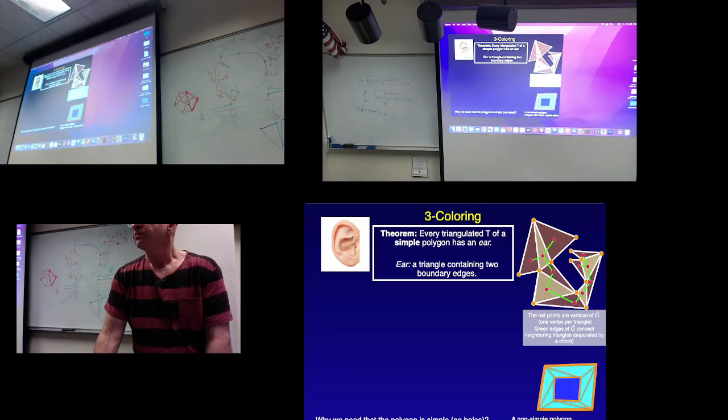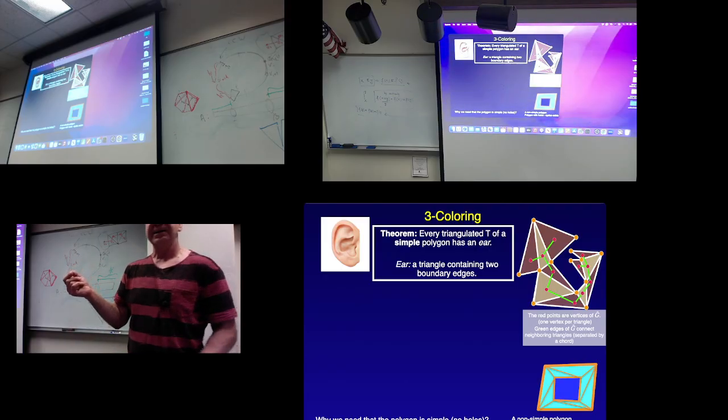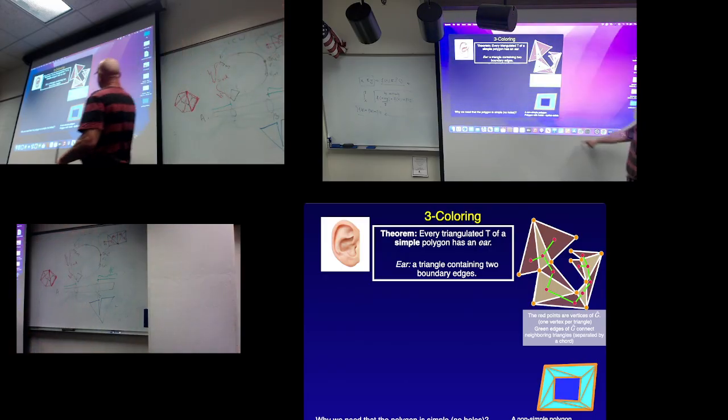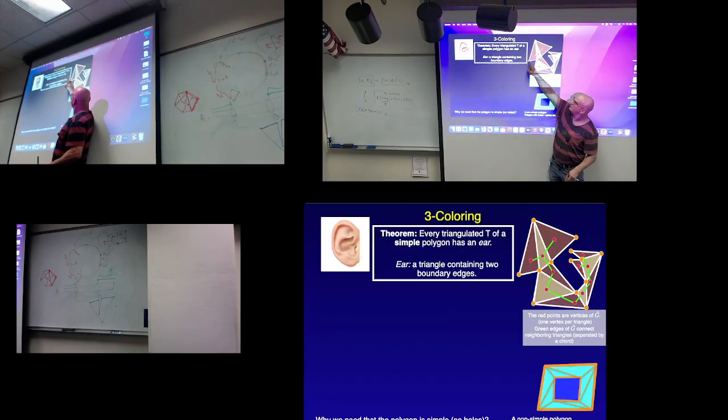Okay, so in our theorem we always have an ear. There is always a vertex of the polygon that in the triangulation has degree 2, and the only 2 edges it's connecting to are the edges of the boundary of the polygon.